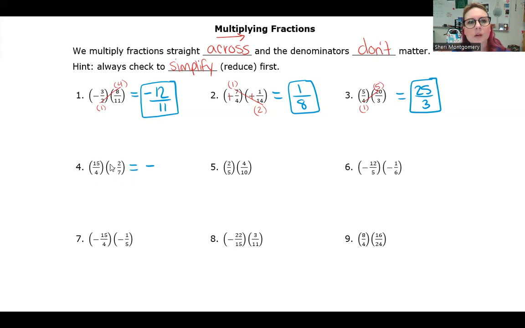Nope. 2 will go into 4. That definitely will help me. So if I reduce this, the 2 becomes a 1, and then the 4 becomes a 2. So now multiplying straight across, 15 times 1 is 15, and then 2 times 7 is 14.